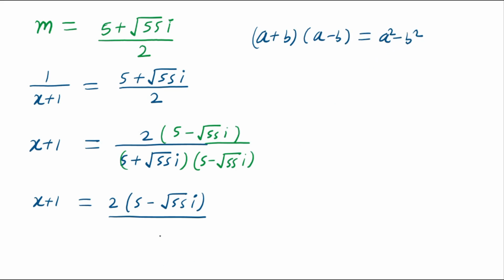If we apply this rule in the denominator, then it is 5 square minus (square root of 55 times iota) whole power 2.